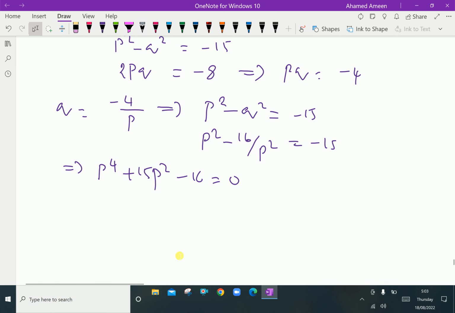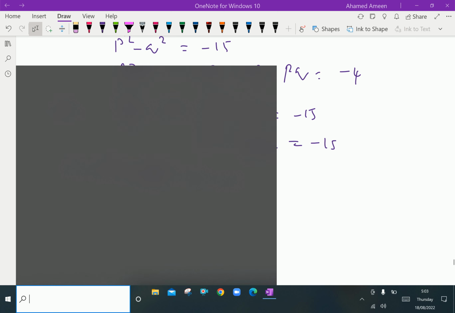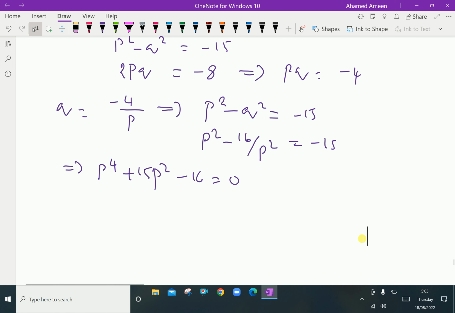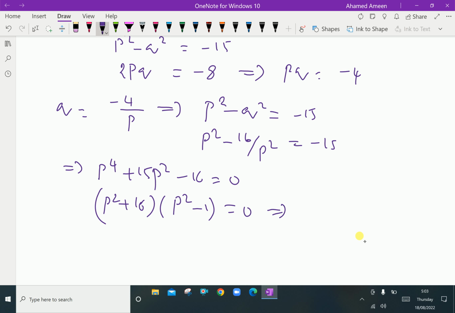Therefore we can factorize this as (p squared plus 16) into (p squared minus 1) equals 0, which gives p squared equal to minus 16 and p squared equal to 1.